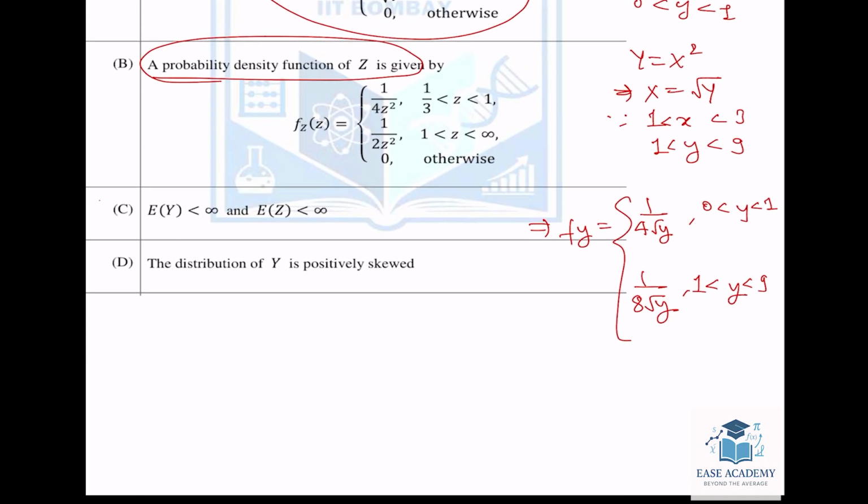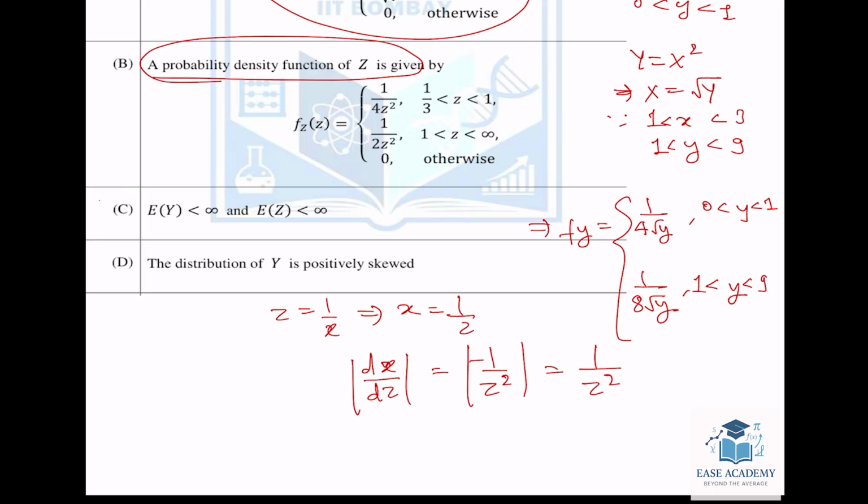Then this is a 1-1 transformation, so we can write X is equal to 1 by Z, and we need the absolute value of dx by dz. Similarly as for Y, dx by dz would be minus 1 by Z square, so taking the absolute value, 1 by Z square.